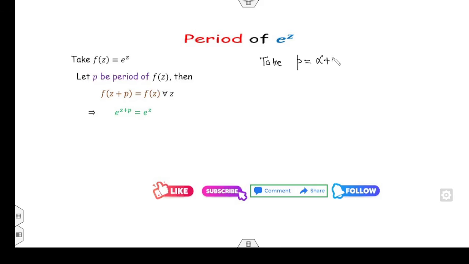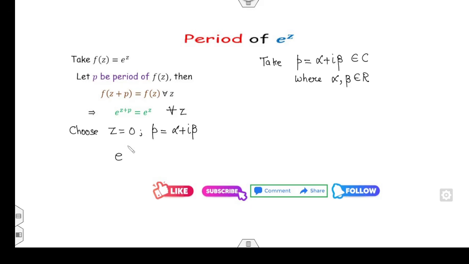Fine. So I can take p as my period. I can choose p equal to alpha plus iota beta, a complex number, where alpha and beta are real. Because this holds for all z, for the sake of convenience I can choose z is 0 and p is alpha plus iota beta.